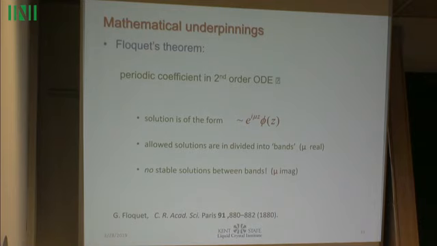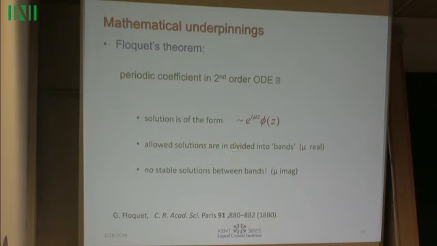The really interesting thing here, in my opinion, is this very nice result from Floquet back in 1880, who said that if you have a second order ODE with spatially periodic coefficients, then the solution will be of this form, e to the i mu z, where phi is a periodic function of z.